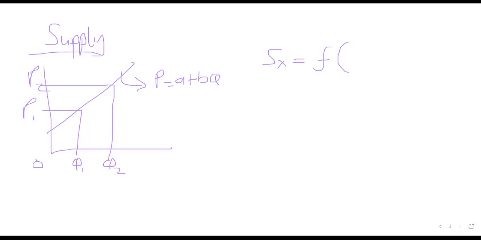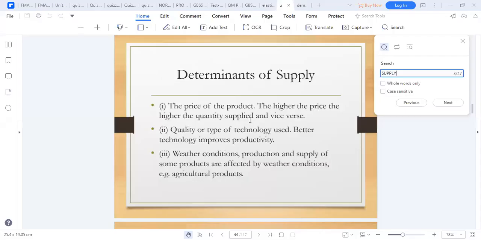Competition. Subsidies. The price of that particular commodity: they have the price, they have the quantity, and vice versa. Quality and the type of technology.